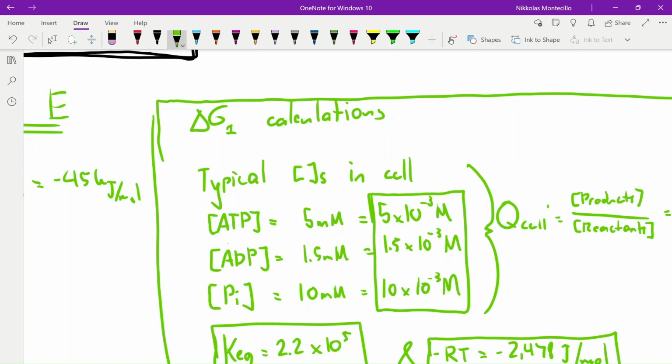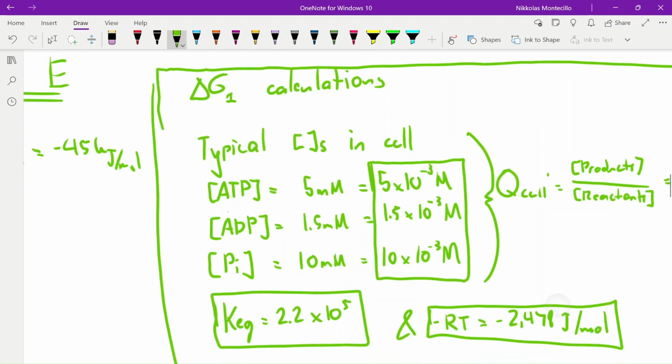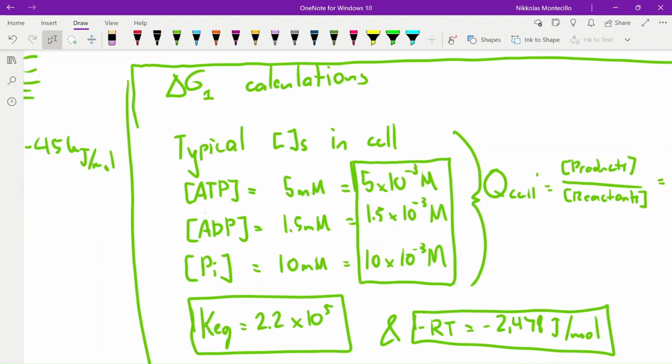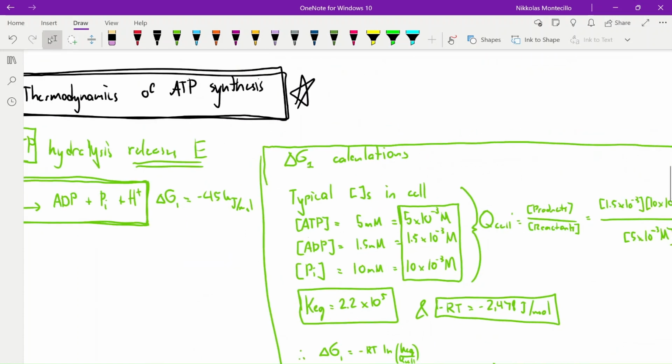ADP has a molar concentration of 1.5 times 10 to the negative 3, and the inorganic phosphate has a concentration of 10 times 10 to the negative 3, right?